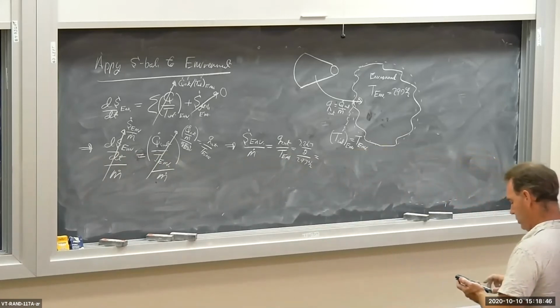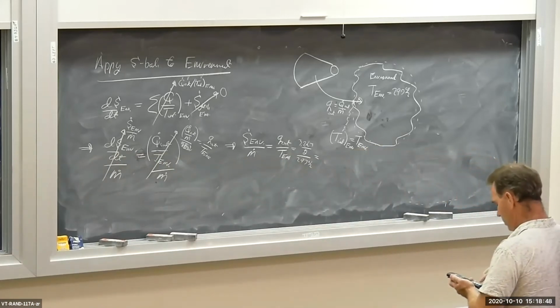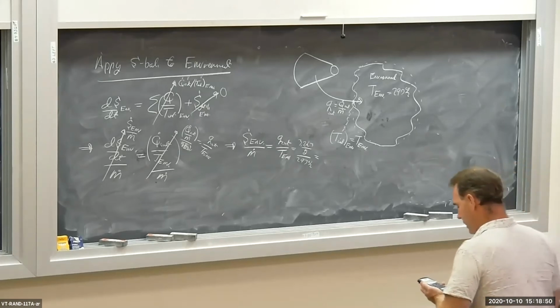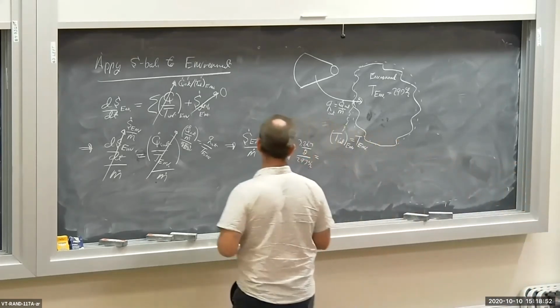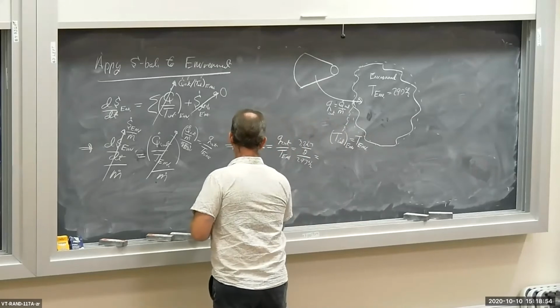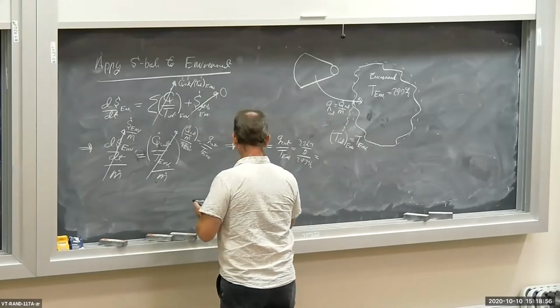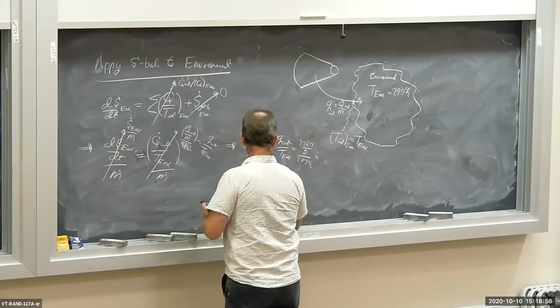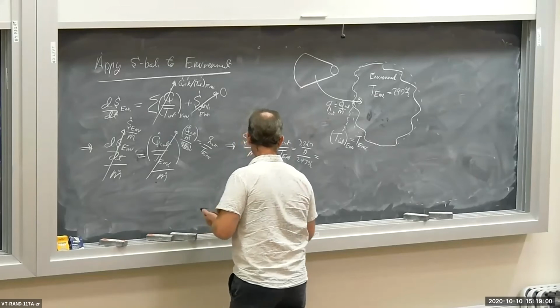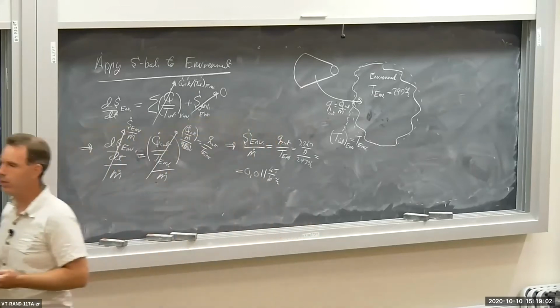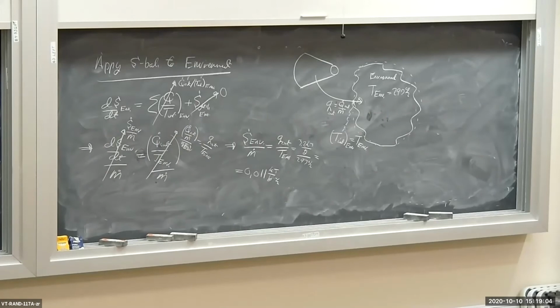Let's see, 3.2 divided by 293, and I get 0.011 kilojoule per kilogram degree Kelvin. So kilojoules per kilogram of airflow per degree Kelvin.